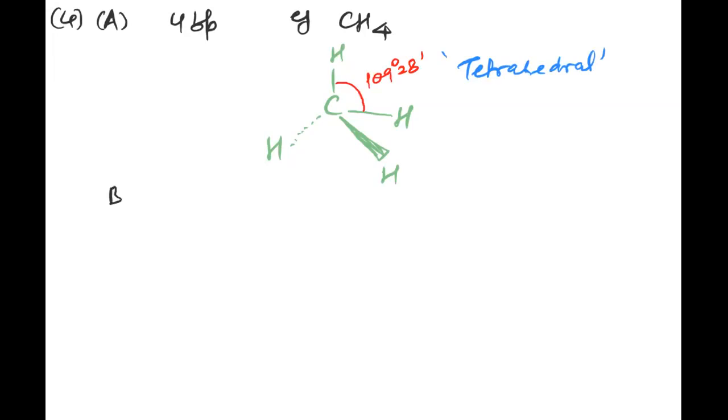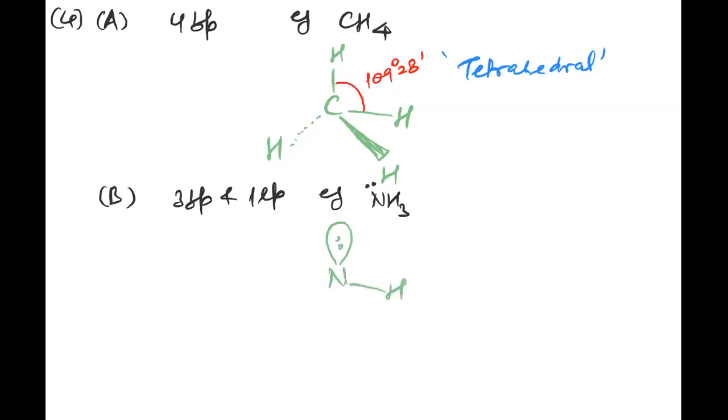Same, B part: we have 3 sigma bonds and 1 lone pair of electrons. In this case, suppose the example is NH3, ammonia. In the case of ammonia, nitrogen consists of one lone pair of electrons.